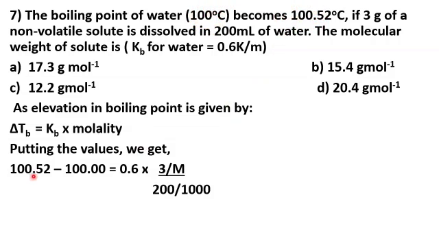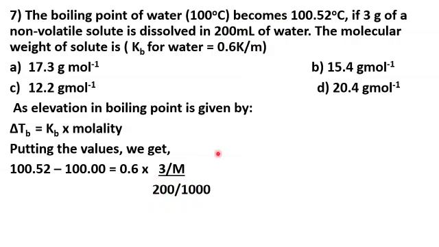So that is 100.52 minus 100 is equal to Kb value, which is 0.6, into molality. Number of moles can be given by mass divided by molar mass. Mass is 3 gram, molar mass we don't know, let it be capital M, divided by weight of the solvent in kg.